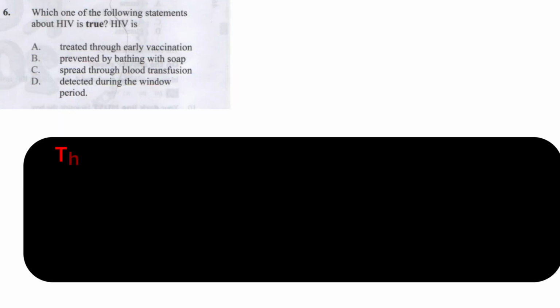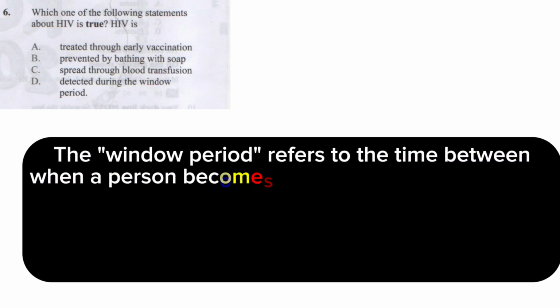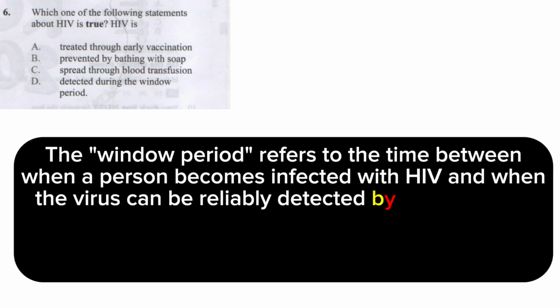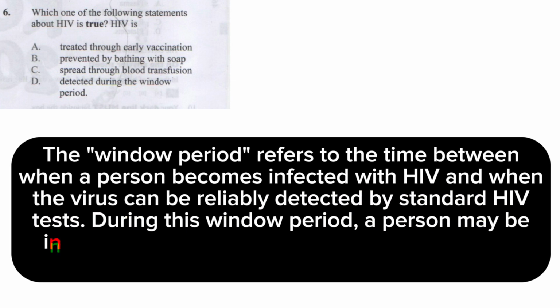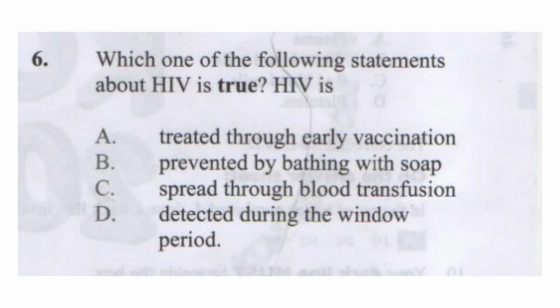The window period refers to the time between when a person becomes infected with HIV and when the virus can be reliably detected by standard HIV tests. During this window period, a person may be infected, but the test may not yet show positive results. So detected during the window period is wrong. Choices A and B are out, so our answer is choice C.